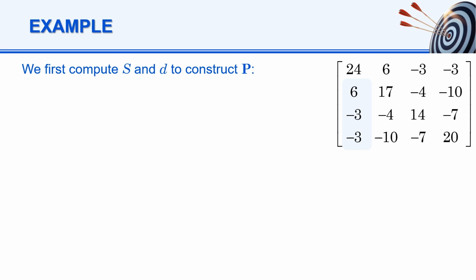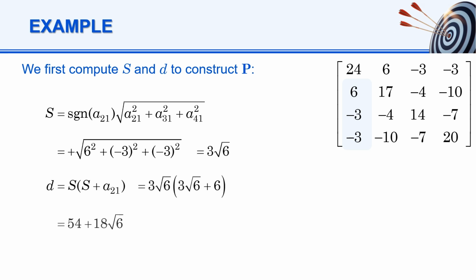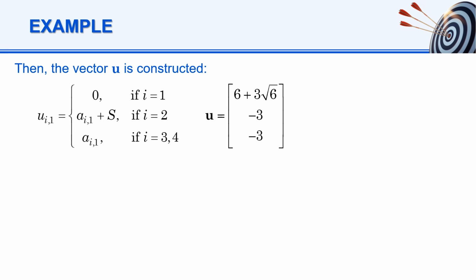The quantities S and D, required for the construction of the Householder matrix, are computed as follows. The vector U, i.e., the Householder vector, is designed in such a way that when applied to the matrix, it zeroes out the unwanted elements while preserving numerical stability.